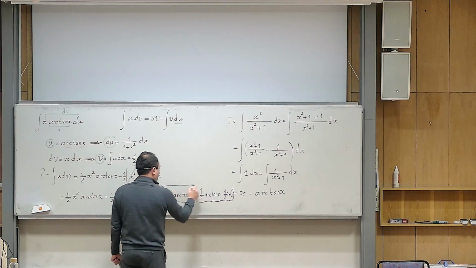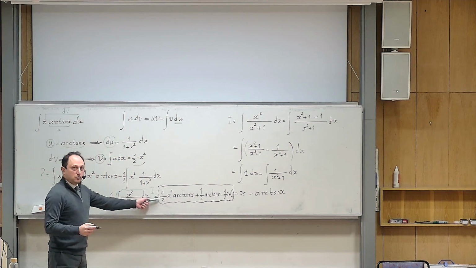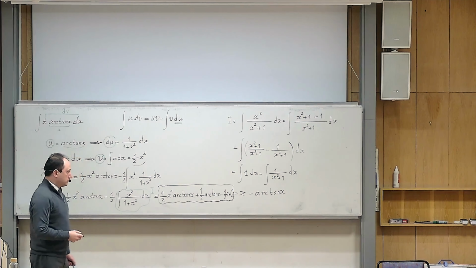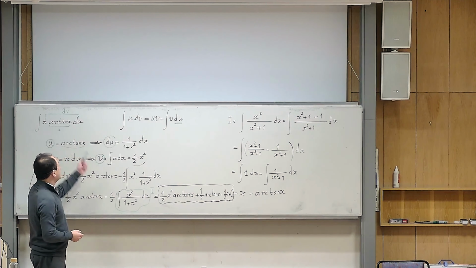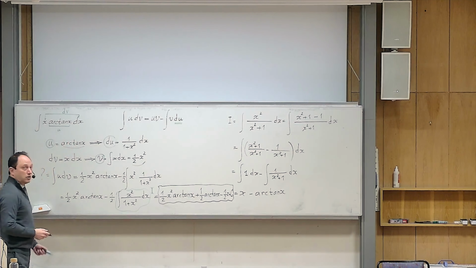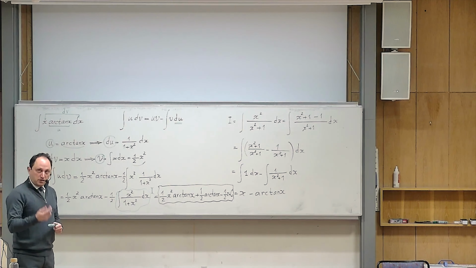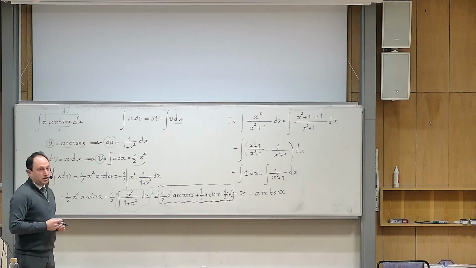So this is the answer to this integral. This is the set of all functions whose derivatives are equal to x times arctangent of x. Of course, you can always check it by sitting down patiently and differentiating the function.